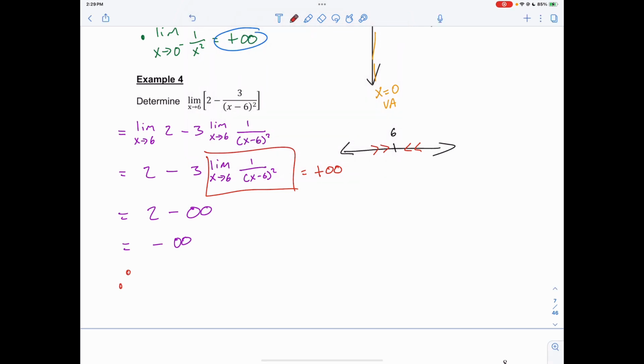Therefore, the limit as x approaches 6 for 2 minus 3 over (x minus 6) squared does not exist.